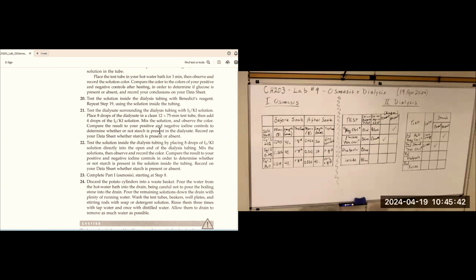Inside, a light brown color and then a red orange.